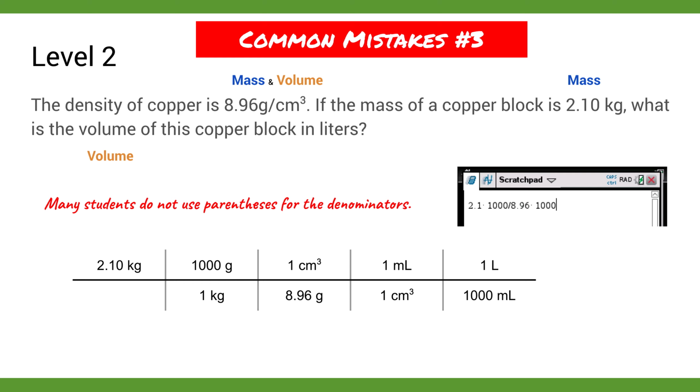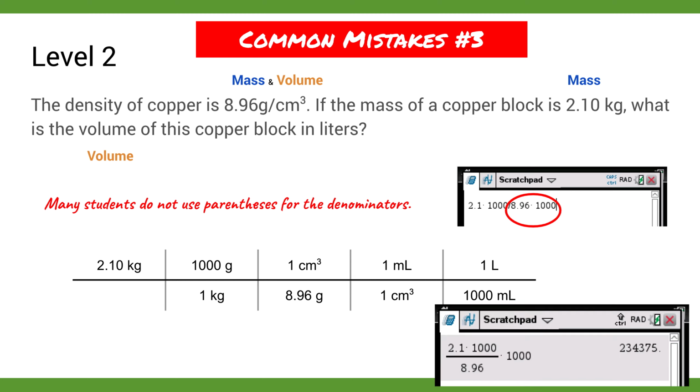It will think that you are doing 2.1 times 1,000, and then it will take that product divided by 8.96. The calculator would give you a quotient, and then that quotient is being multiplied by 1,000. That's a problem. So make sure that you put a pair of parentheses around the numbers in the denominator so that you can compute the mathematics correctly.